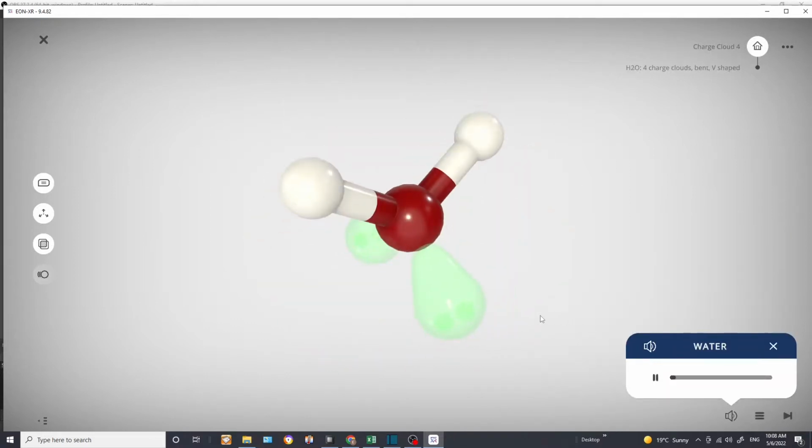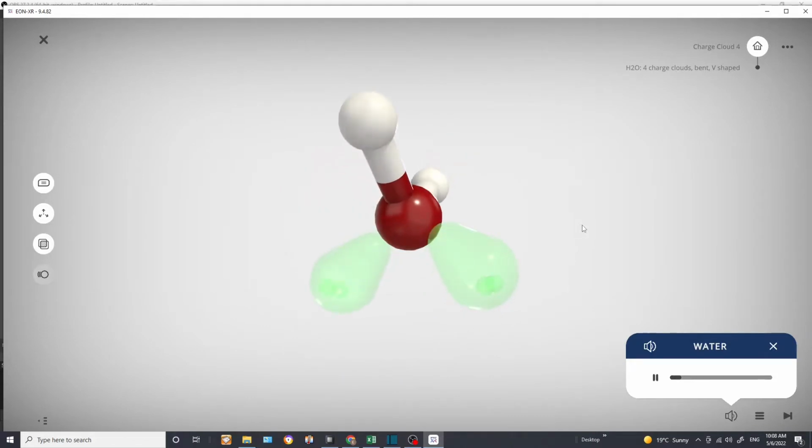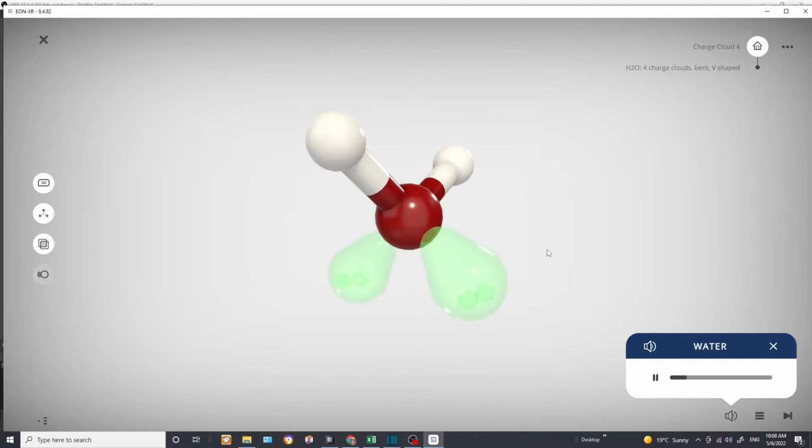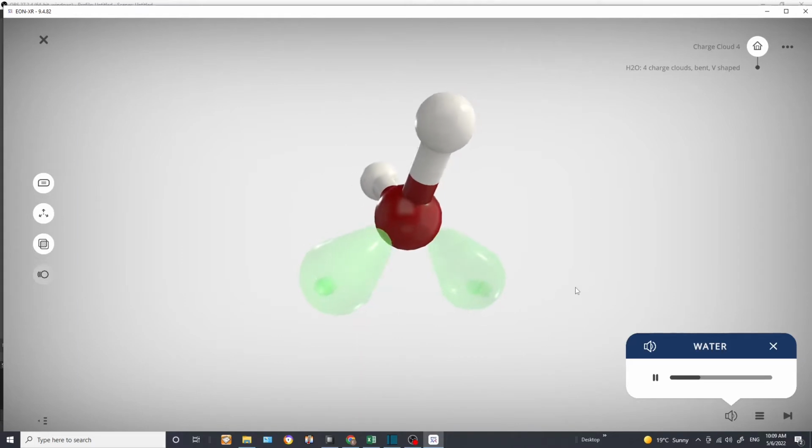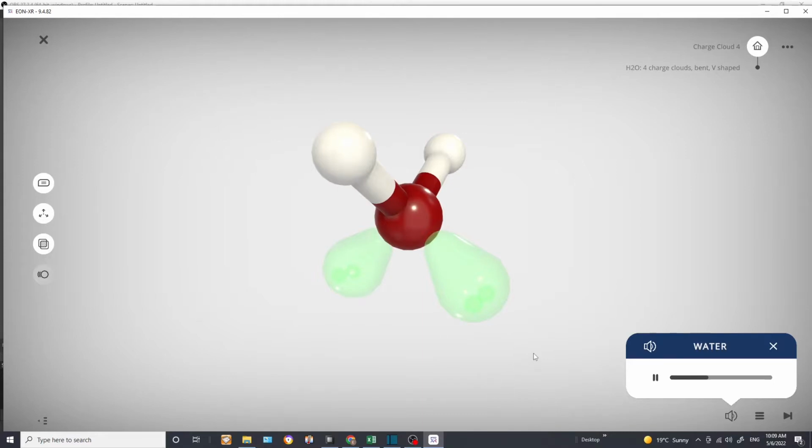Here we are looking at water, and water also has 4 charge clouds. Now we are counting 2 charge clouds coming from the bonds between the oxygen and the hydrogens, and we have 2 charge clouds coming from the lone pairs, those green lobes. Because of the 4 charge clouds, our electronic geometry is tetrahedral.